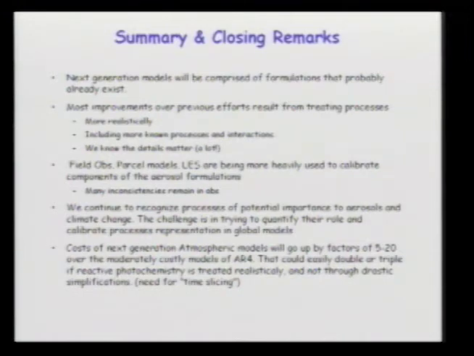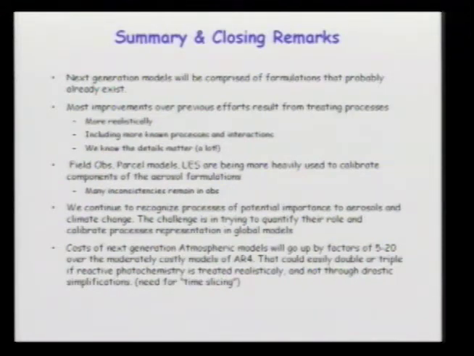We're attempting to calibrate these models through a variety of different observations, but there are still a lot of inconsistencies in the observations. Because there aren't enough observations, we're also attempting to use higher resolution models, either large eddy simulation or LES models, as well as parcel frameworks, to calibrate the parameterizations which are used in the global context.